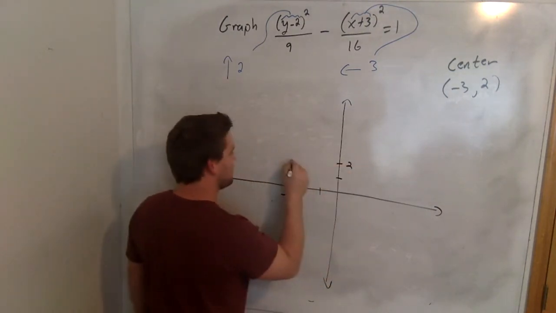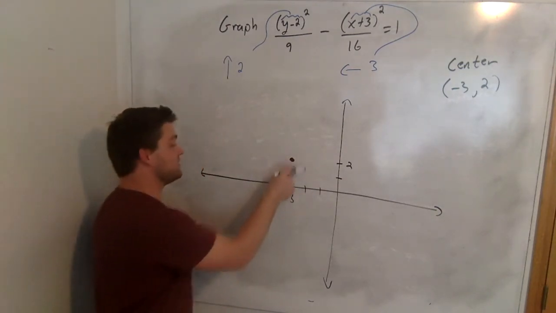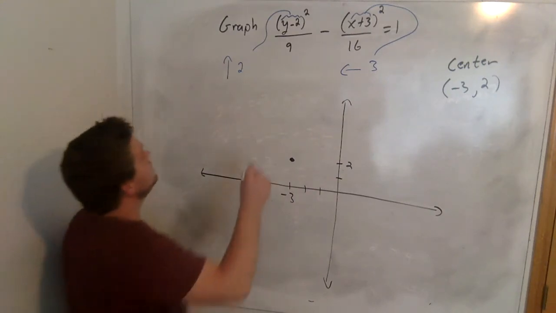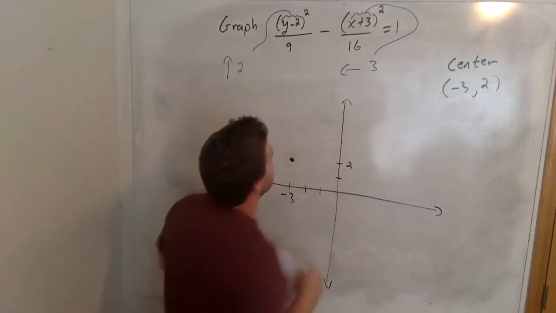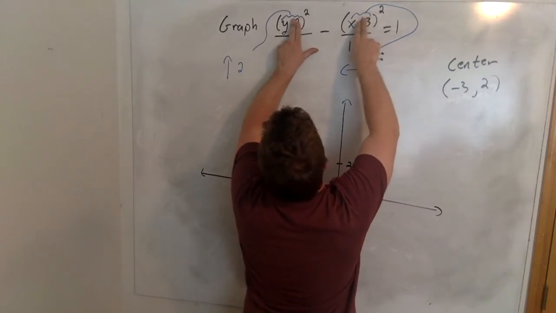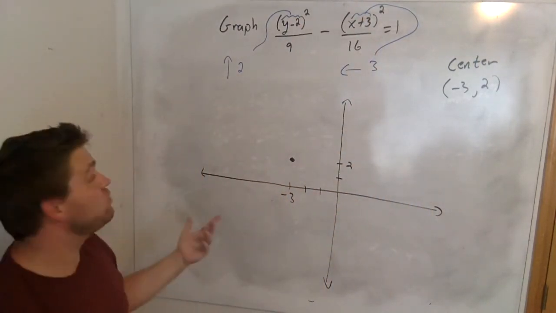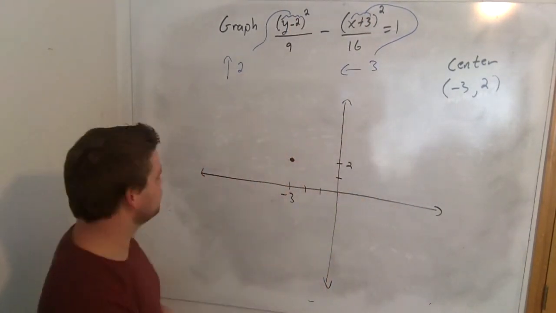-3, 2. Okay, here's our center. We know that the asymptotes will intersect at this point. So in this case here, if it was unshifted, if I cover up the -2 and the 3, this graph would have y-intercepts. Now that it's moved, it'll most likely have both x and y-intercepts, but at least this should tell you that it's facing up and down.